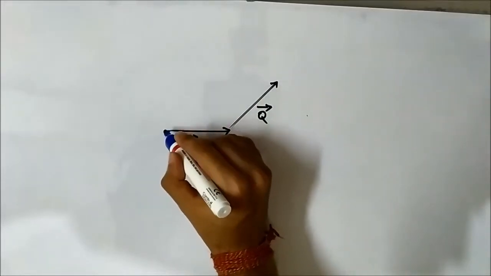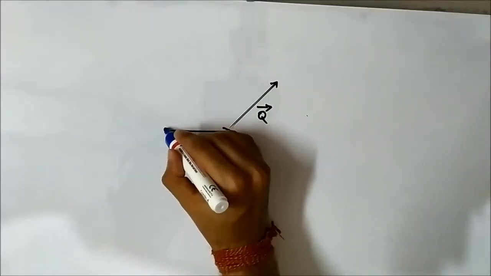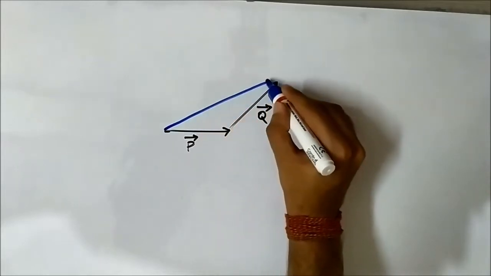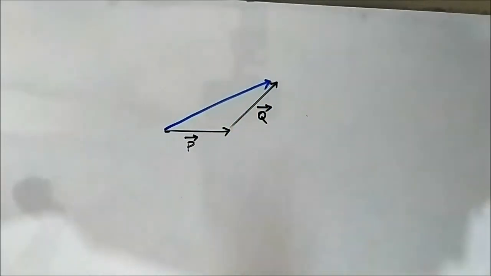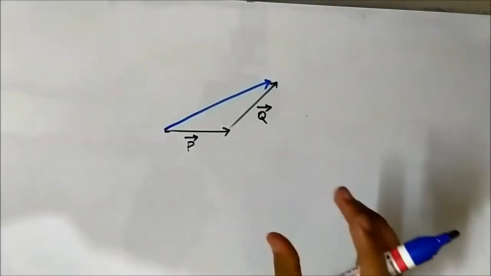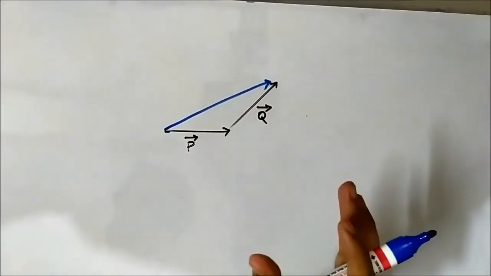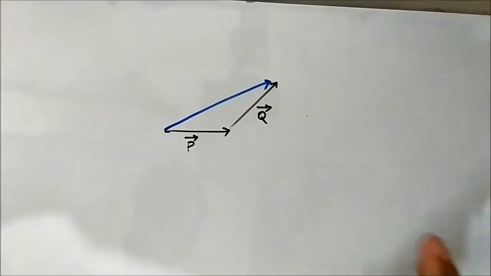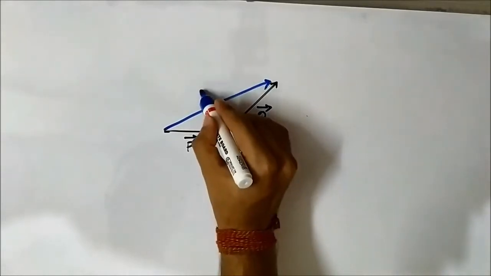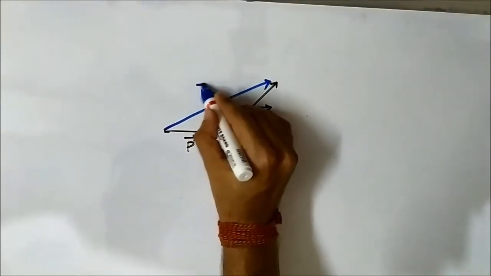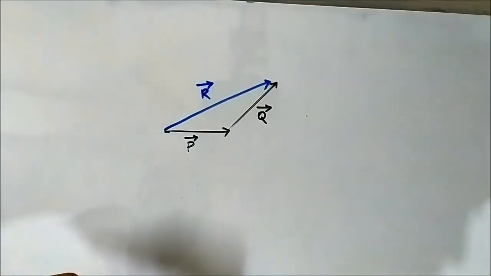I have already discussed what vectors in the same order and in the opposite order are in the previous video on the basic concept of the triangle law of vector addition, so you can check it out there. So this is the resultant vector.